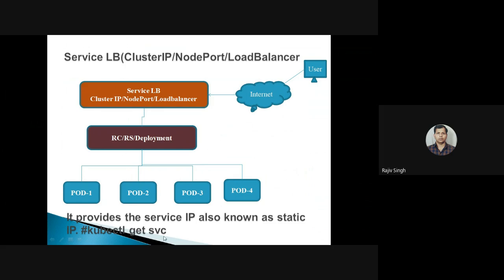I have already explained all these things. The end user will come from the internet to the load balancer, to the service, and after that the service will take your traffic to the deployment and then the endpoint, which is the pod.